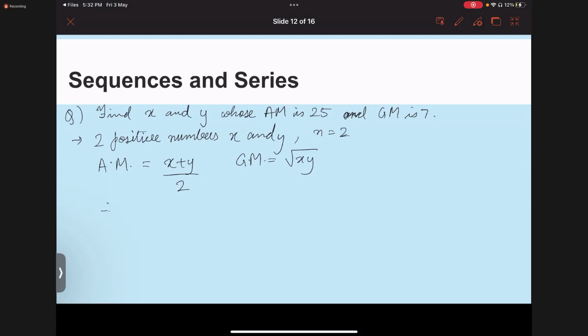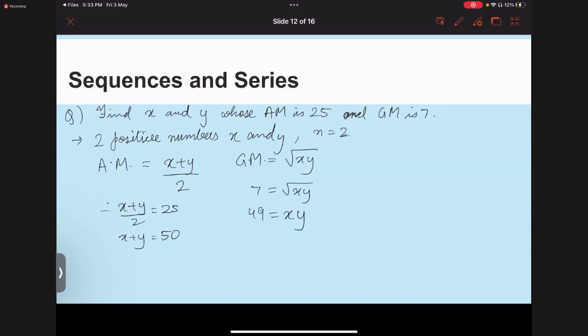Therefore x plus y by 2 is equal to 25, and this will be x plus y is equal to 50, and your GM is given to you as 7 is equal to root of xy. So if you square both sides, you have 49 is equal to xy.